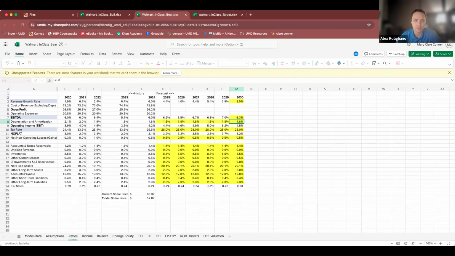We took a bearish look here and saw that if potentially some of the corporate tax rate increases as the current administration and potential future administration are talking about, that would also impact Walmart's tax rate. So we saw that going up to roughly 28%, all of which led to a bearish price of about $57. So I think our range was between about 57 and roughly 81 as we move towards our target.